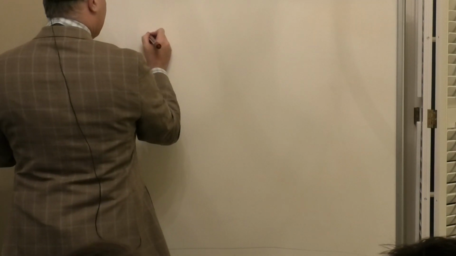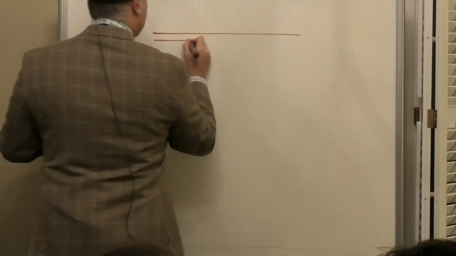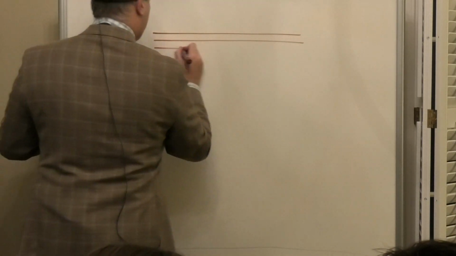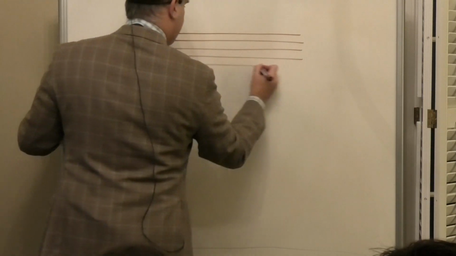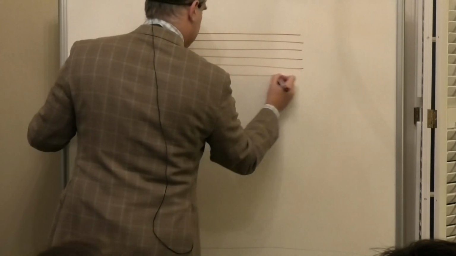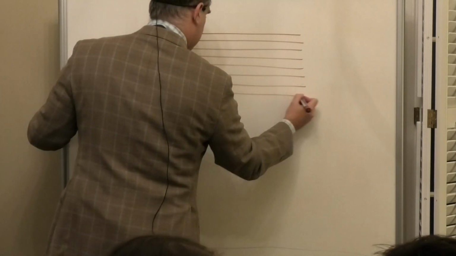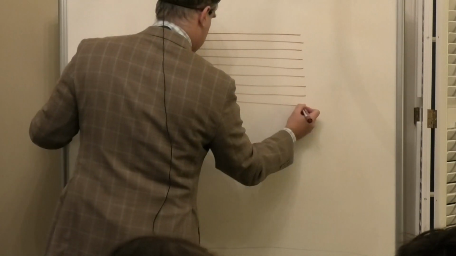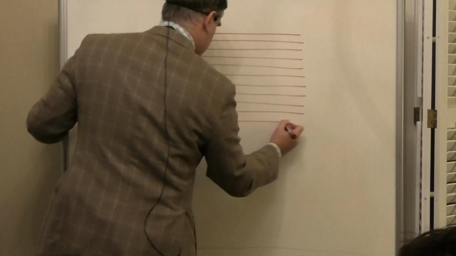Yeah, so let's look at how the staff is constructed. It's constructed from 11 lines. 1, 2, 3, 4, 5, 6, 7, 8, 9, 10, 11.